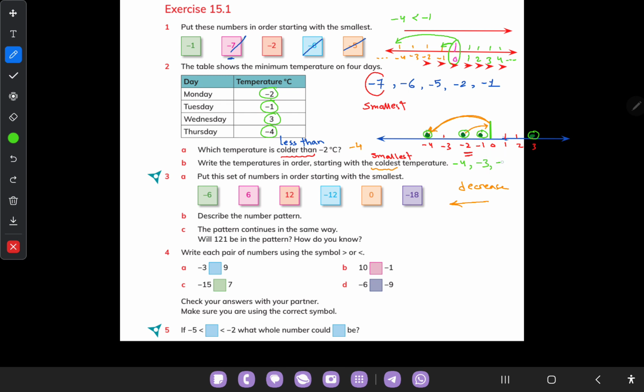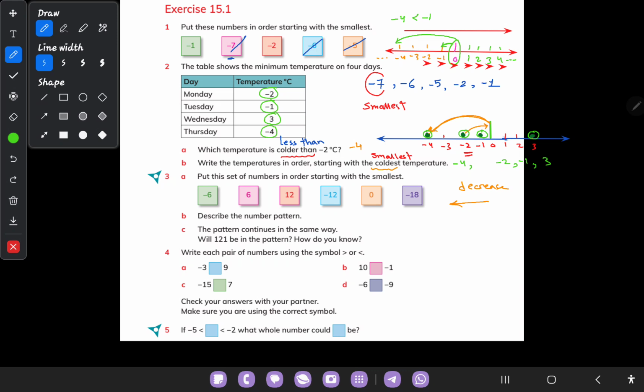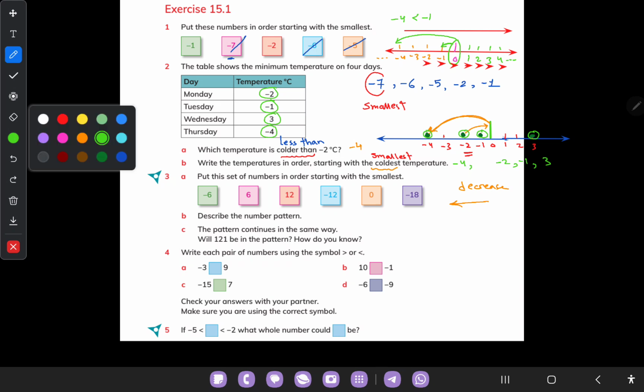Very good. -2. -1. And 3. But we don't have -3 here. So we can write -4, -2, -1, and 3. We order these numbers from the least to the greatest, okay? Then, okay, question number 3.